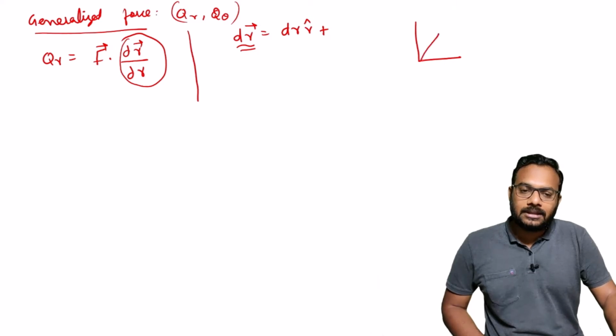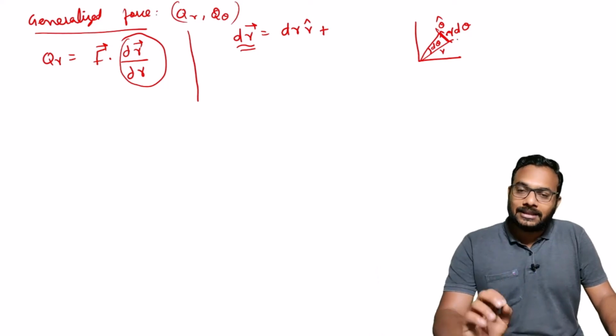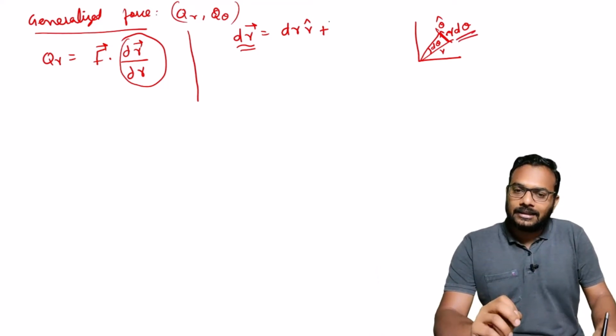If the angle changes by d theta and this is r, the displacement has to be a length, okay? The tangential displacement is r d theta, right? So this is the theta cap direction. Displacement along the theta cap direction is not d theta, it is r d theta, right?